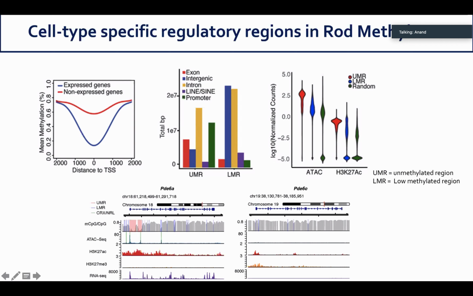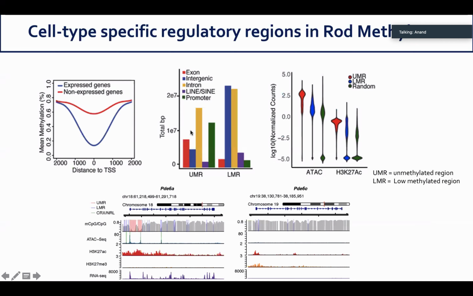Then, using the hidden Markov model and other statistical tools, the bioinformatics folks in the lab working with Jimena looked at two kinds of regions. UMRs are unmethylated regions in the genome, and LMRs are low methylated regions, and these are very usual terms defined by other people.